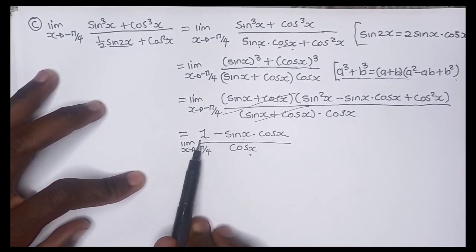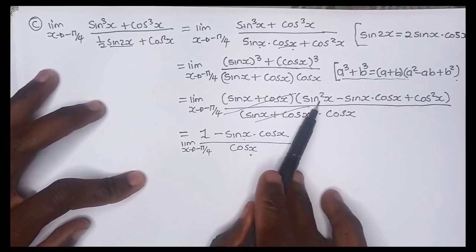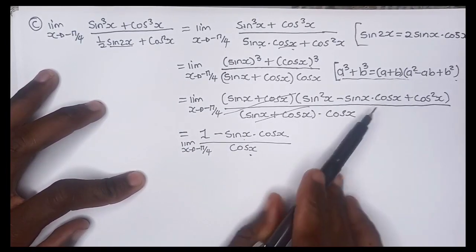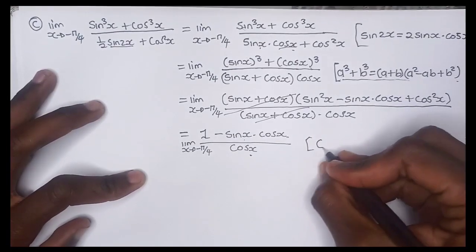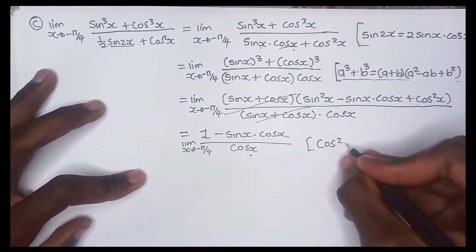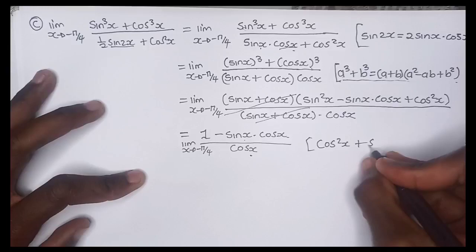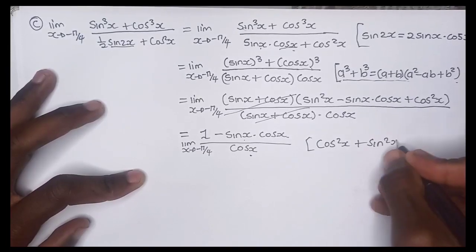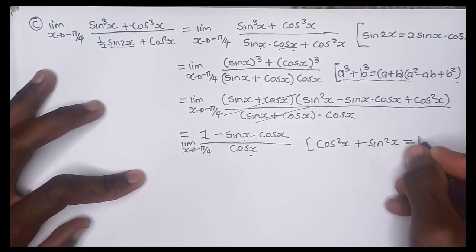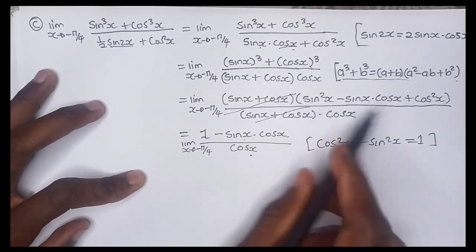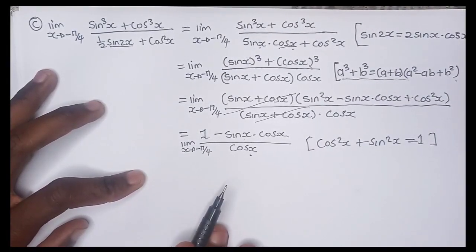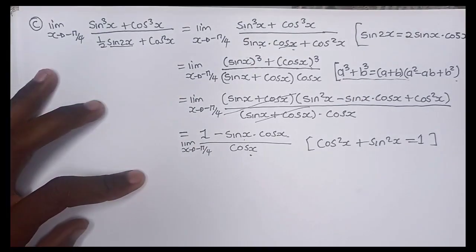Why am I having 1 now instead of sine squared x plus cos squared x? Since you know from trig identity, there is a rule saying that cos squared x plus sine squared x always equals 1. So what I did, I just replaced cos squared x and sine squared x by 1.